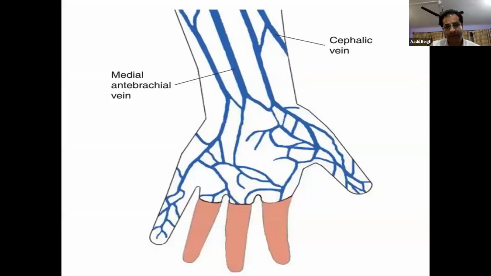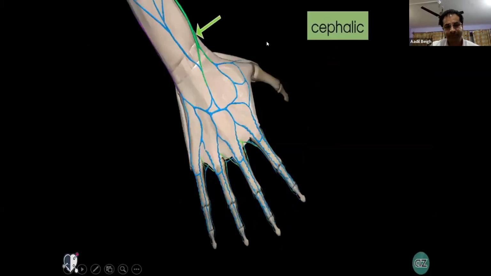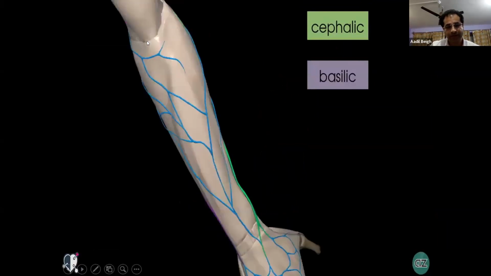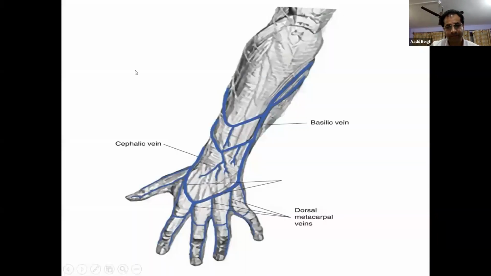So this is the median antebrachial vein, this is the basilic vein, and this will be the cephalic. The cephalic vein runs on the lateral border of the forearm, and on the medial border of the forearm runs the basilic vein. And they form a straight course till they reach the cubital fossa.